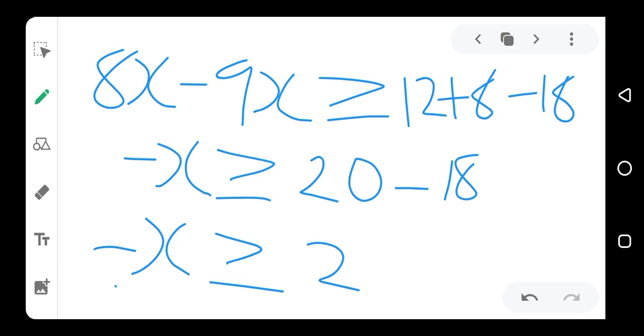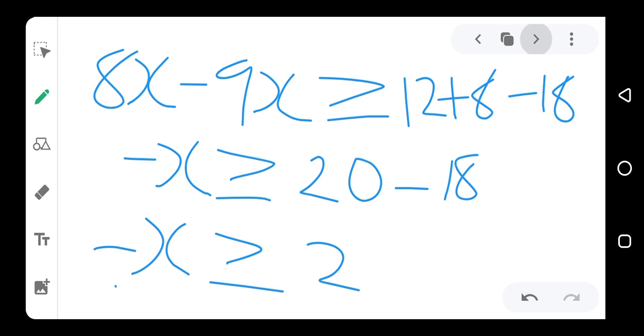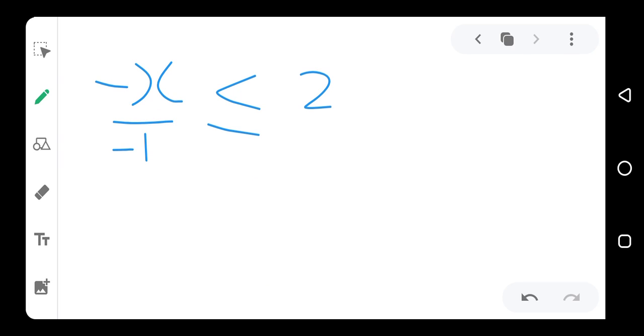This one that is greater than or equal to 2, we are going to change the sign to less than or equal to. That is now 2 divided by -1.